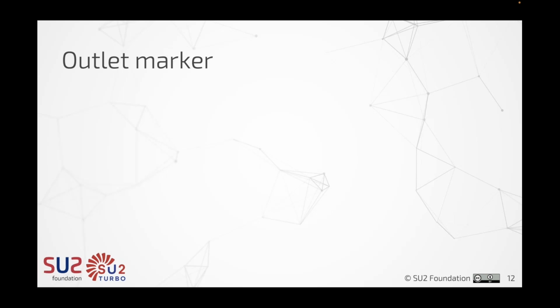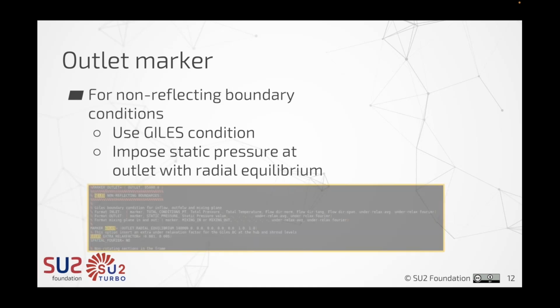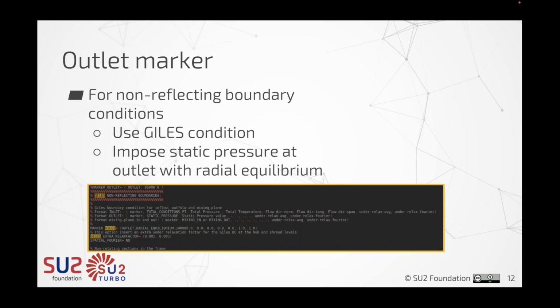So now we come to the outlet marker for this case. So we use the Giles condition, and we impose static pressure with radial equilibrium. So go over here. So outlet, radial equilibrium, and then you give the outlet static pressure.